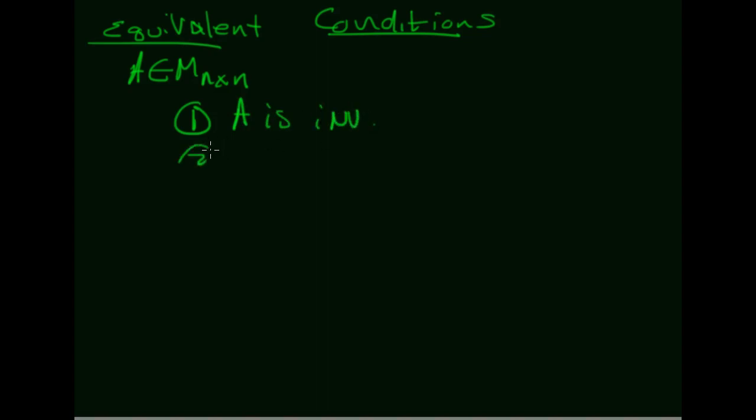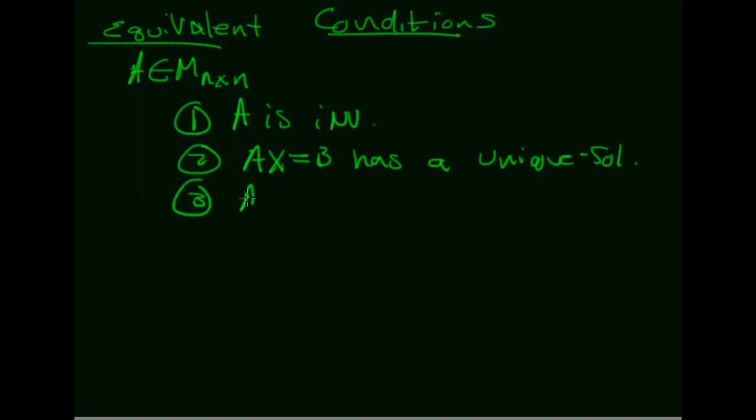So if A is invertible, then AX equals B has a unique solution. The homogeneous system of equations, AX equals 0, has only the trivial solution.